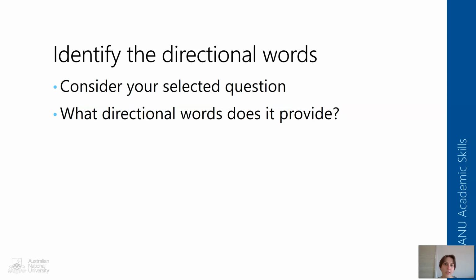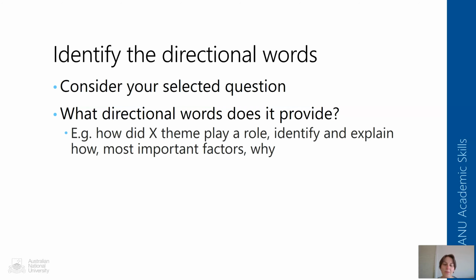When you're looking at the questions, consider your directional words. What are the directional words that it provides? For instance, many of these questions from the list include things like, how did this particular theme play a role? Or identify and explain how this thing happened. How did these particular strategies work? What were the most important factors and why? All of those kinds of words are directional words.